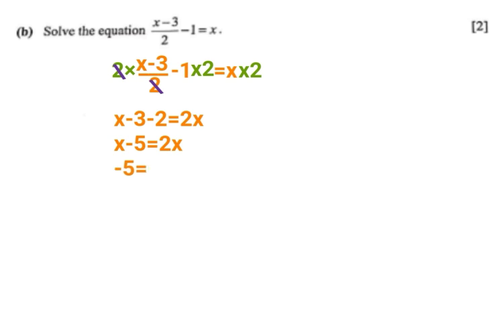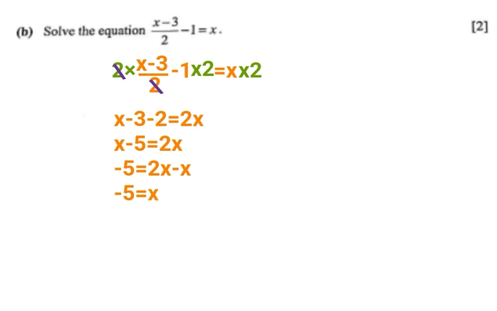So I'm going to write -5 is equal to 2x. Then x is going to cross the equal sign, which means it will become negative, so it will be minus x. Then I write -5, and I simplify 2x minus x, which will give me x.